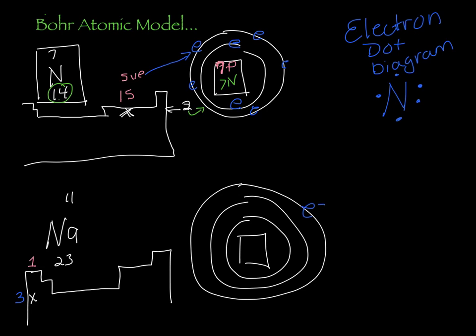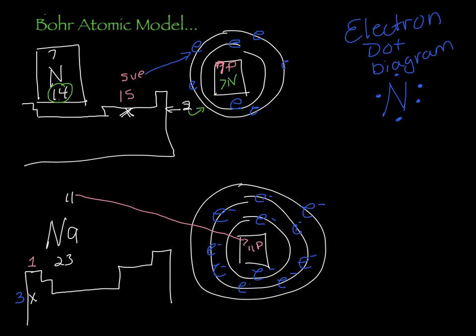Okay, so we look, it has 11 protons, so it has 11p. That means it has 11 electrons, 2 in the first orbital, 8 in the second, and 1 in its outermost shell.